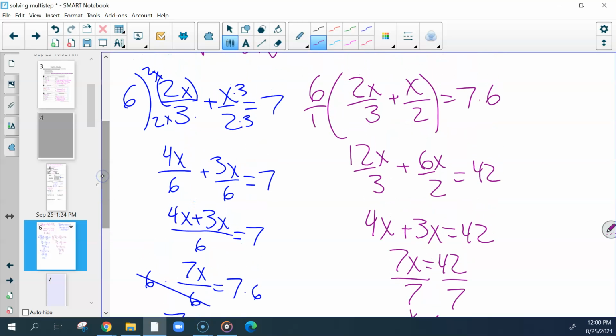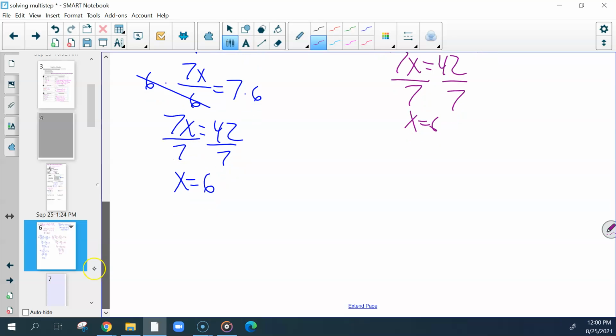Do you have any questions on how I solved it the second time? I'm going to put this back in so we can check it, and then we're going to move on to 9, and then I'm going to let you guys do some on your own.